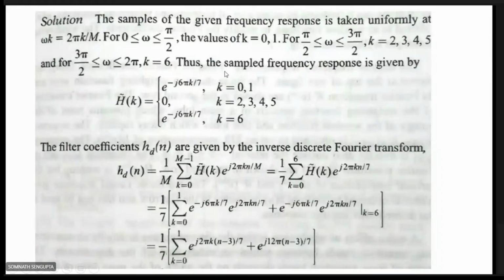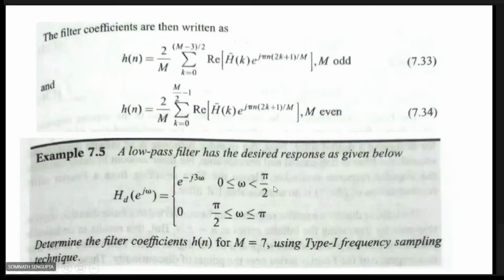So for the range given, omega within 0 to pi by 2, which frequency points are coming?